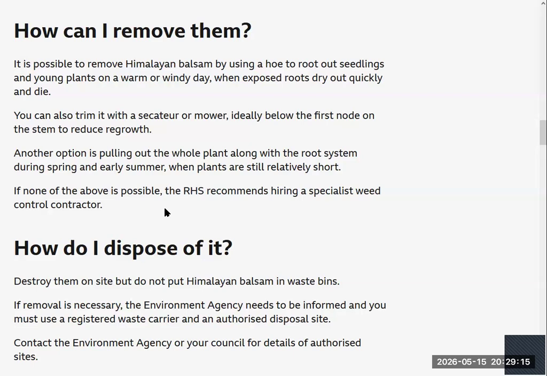Another option is pulling out the whole plant along with the root system during spring and early summer when plants are still relatively short.